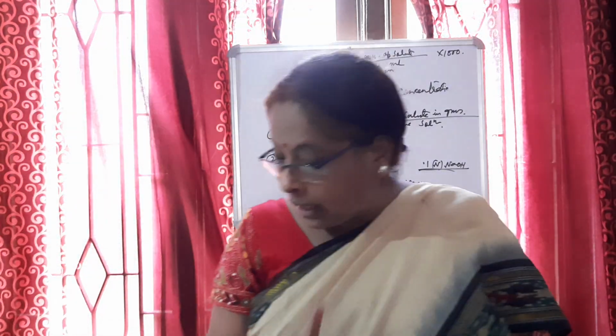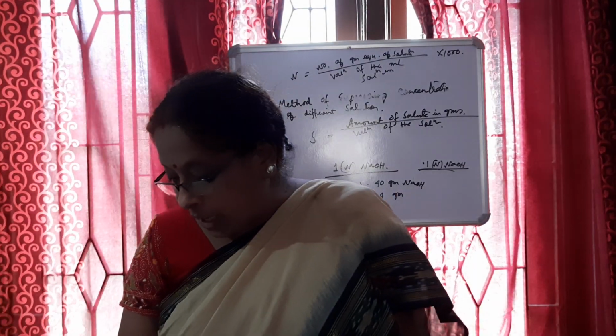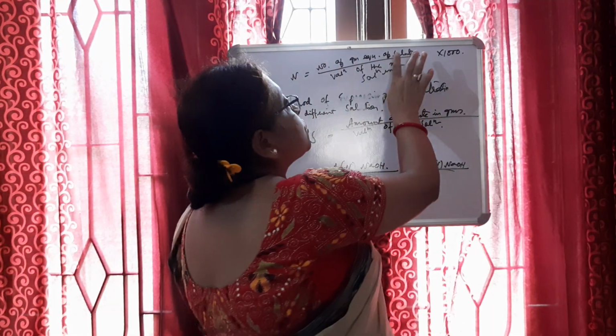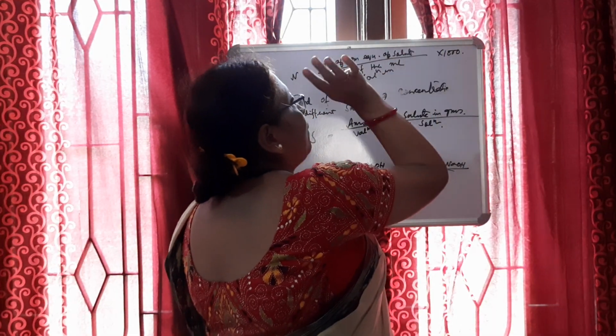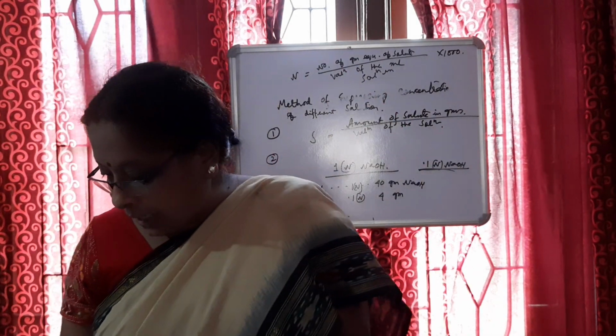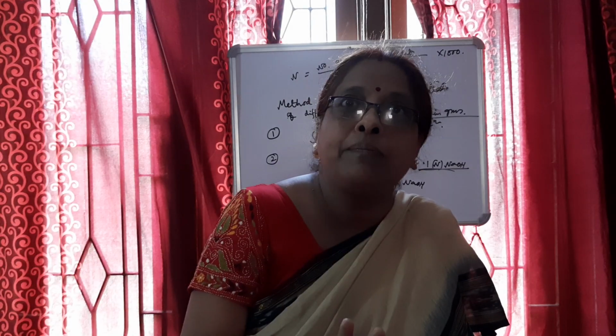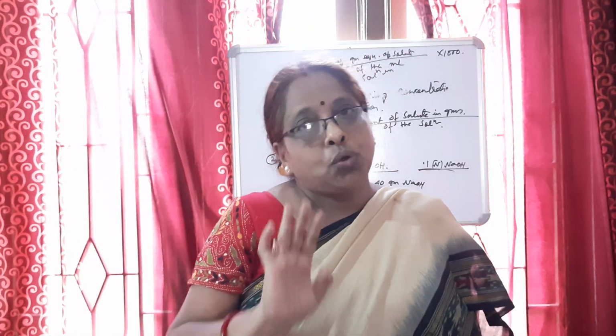Thus, molality, that is small m, is defined as the number of solutes in gram divided by the mass of solvent in gram into 1000. So this is molality.